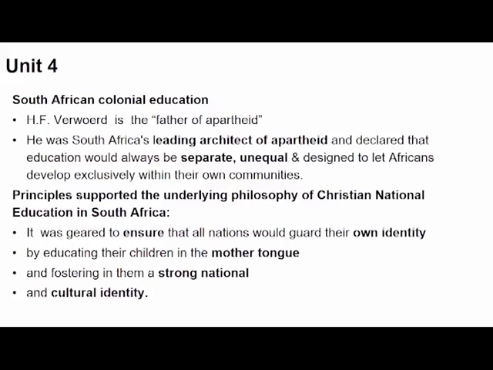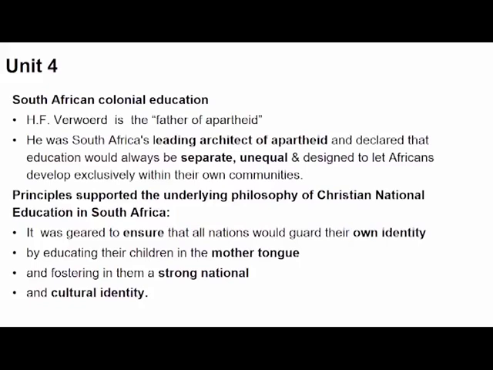He is seen as the leading architect of apartheid, and he declared that education would always be separate and unequal, and that was basically designed so that Africans would only develop within their own communities and of course only develop limited skills and abilities.